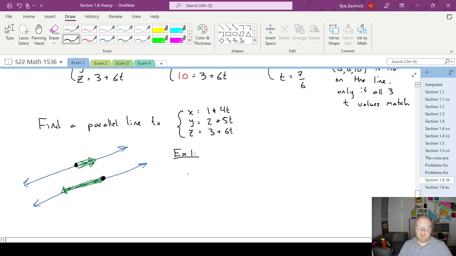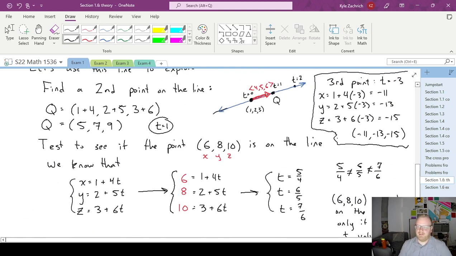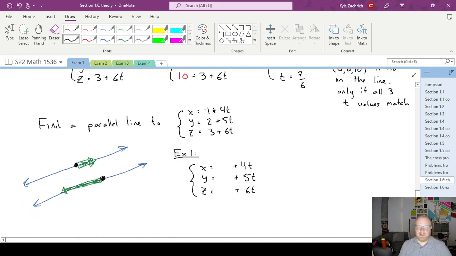Okay, so example 1 might be the line x, y, z. I'm going to make sure that my 4, 5, 6 stays intact. That's the same direction. But I'm going to pick a new point here. I want to be careful to pick a point that's not already on this line. So for example, for my new point, I wouldn't want to pick -11, -13, -15, because that's just the same line as what I've got here.